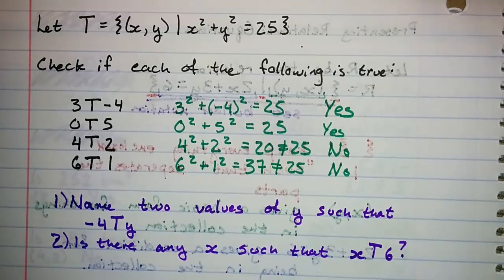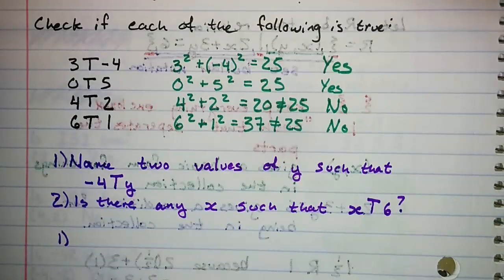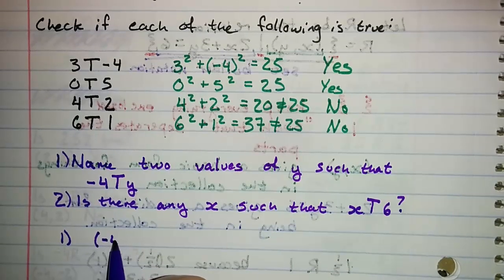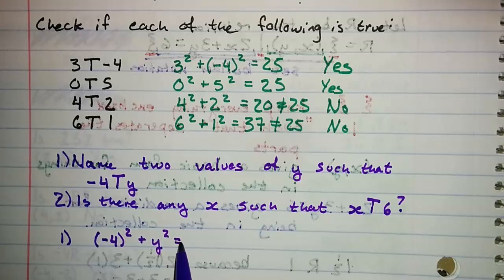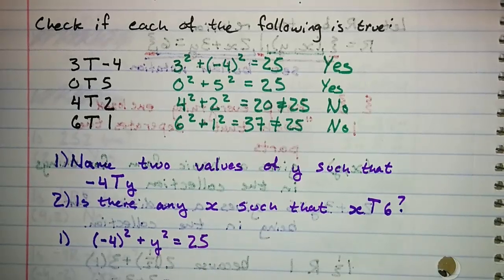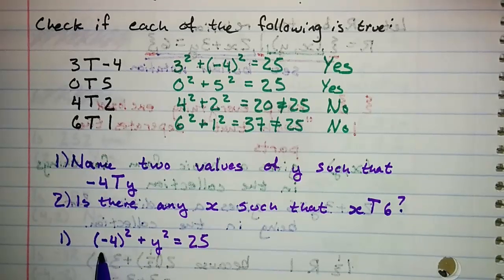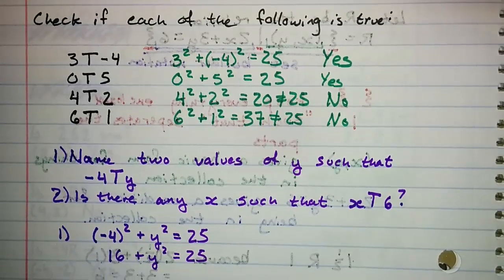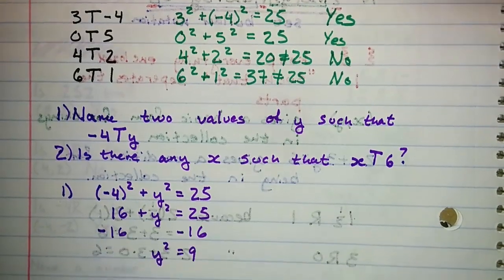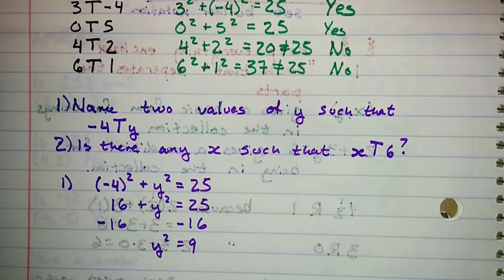Okay, so question number 1, we're looking for a number y so that -4 squared plus y squared is 25. Well, we know how to isolate y squared, so let's try that. -4 squared, that's 16. Subtract 16 on both sides. We have y squared equals 9. And we don't really know what to do with that right now.